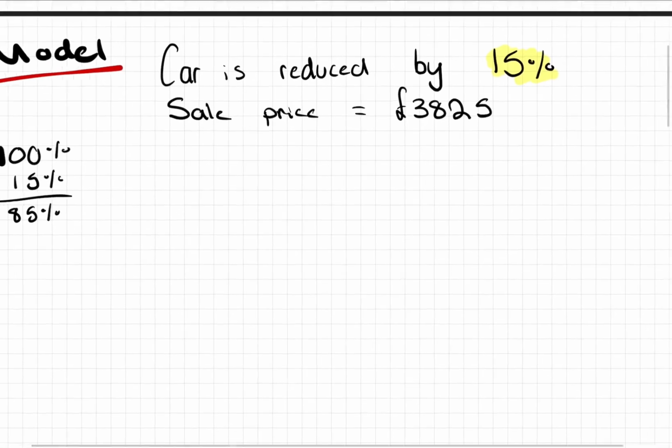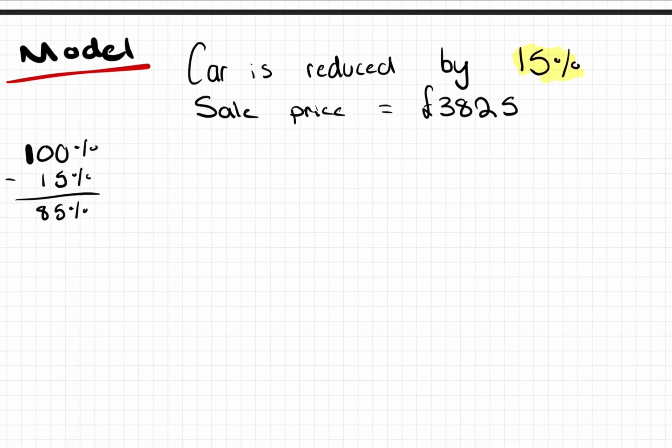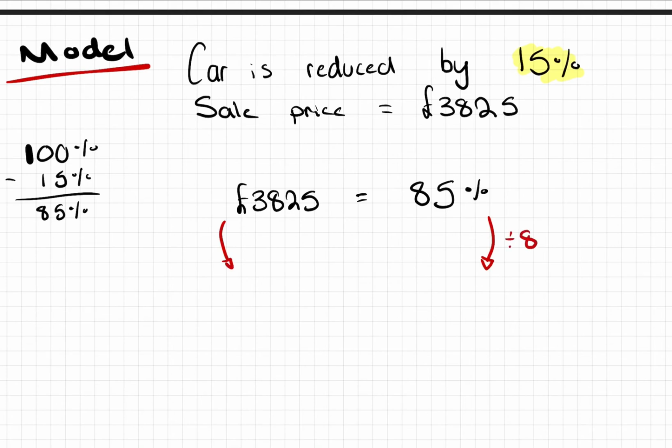So we can say that 3,825 equals 85%. Now on your calculator, I want to work out what 1% is. So I can do that by doing divided by 85, because 85 divided by 85 gives you 1%.